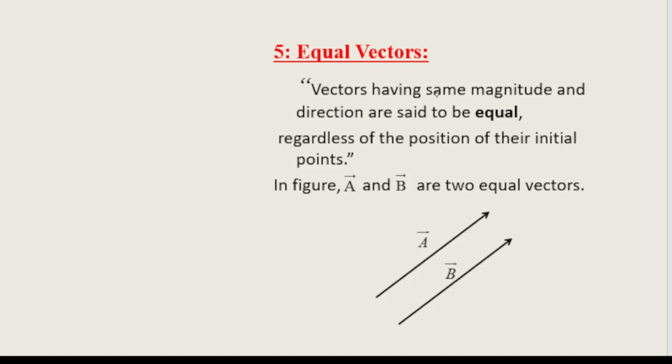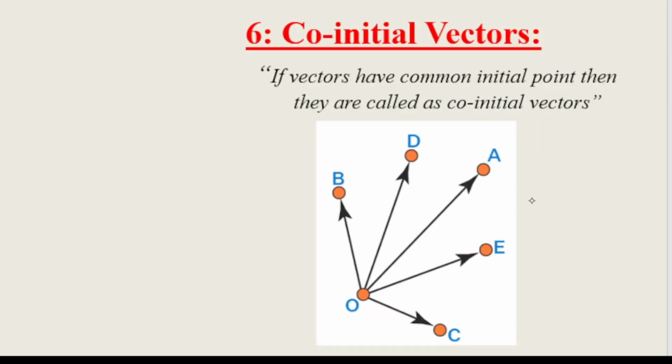Equal vectors. Vectors having the same magnitude and direction are said to be equal, regardless of the position of their initial points. In this diagram, A and B are two equal vectors.